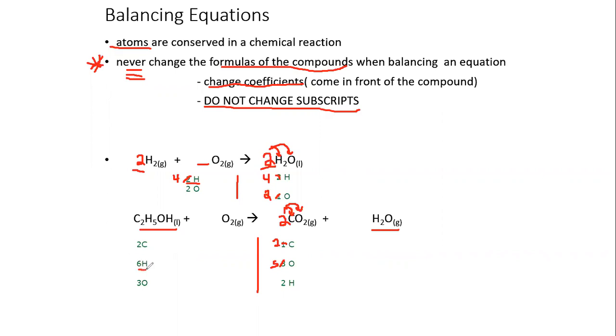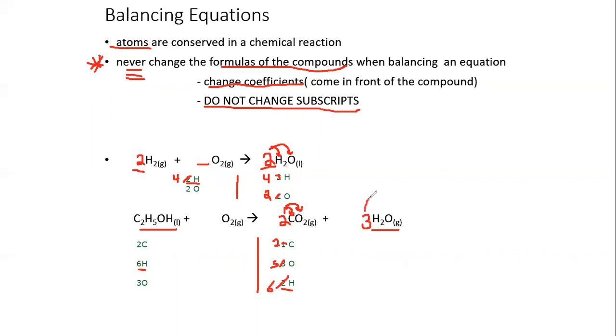So we have 6 hydrogen on one side, 2 hydrogen on the other side. So we're going to have to put a 3 in front of the H2O to make 6 hydrogen.